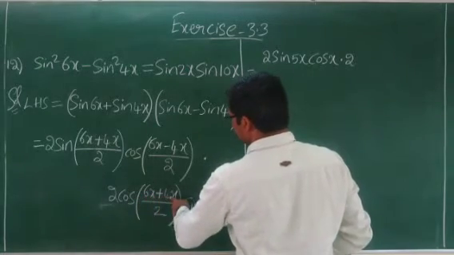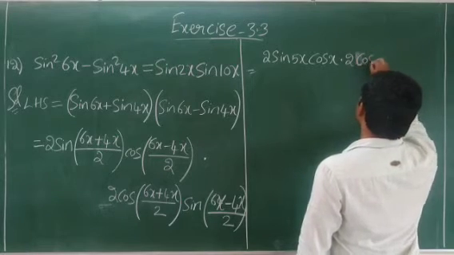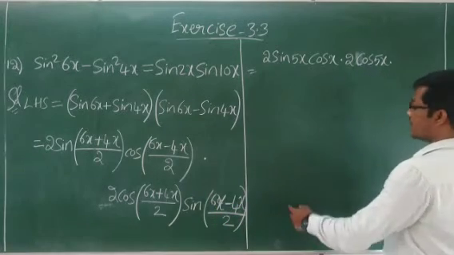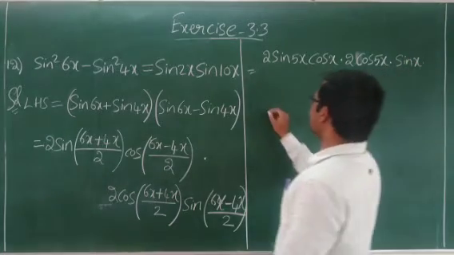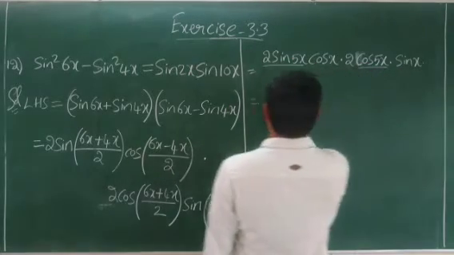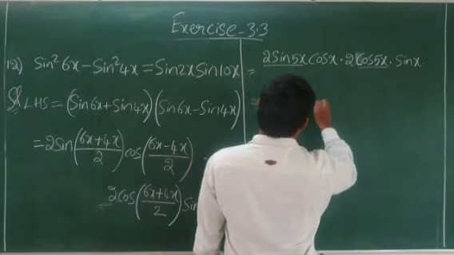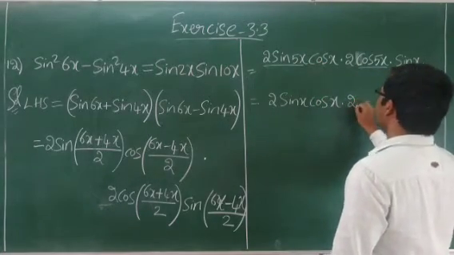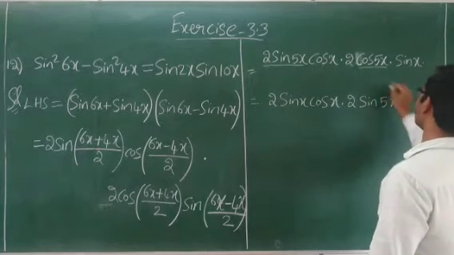This is again 6x plus 4x, 10x by 2, 5x, so cos of 5x, into again 6x minus 4x, 2x by 2 is sin x. So from this, if you observe, 2 sin 5x cos 5x, and 2 cos x sin x.